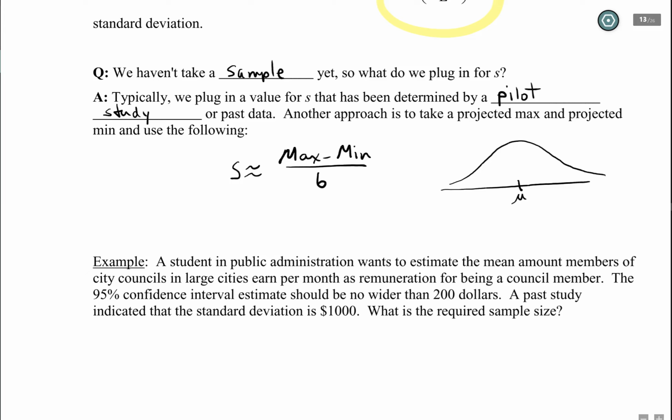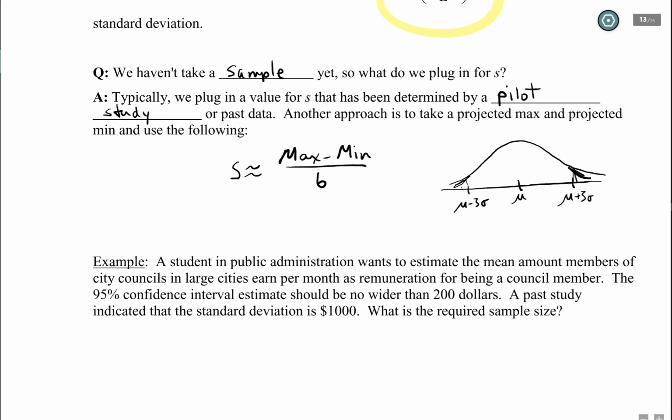Empirical rule said if I have a bell-shaped distribution and I'm sitting at mu, and I go out to mu plus 3 sigma and mu minus 3 sigma, I'm going to get almost 100% of the data in between those two values. And so really probably the tail would actually be closer to the axis here.